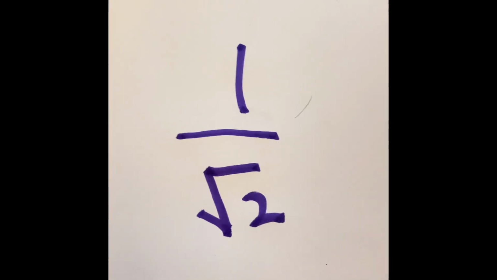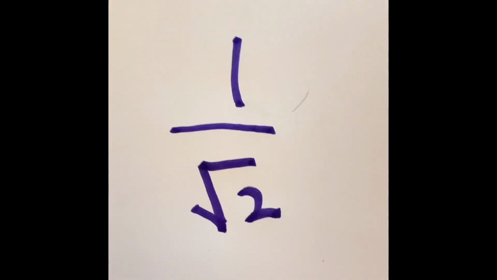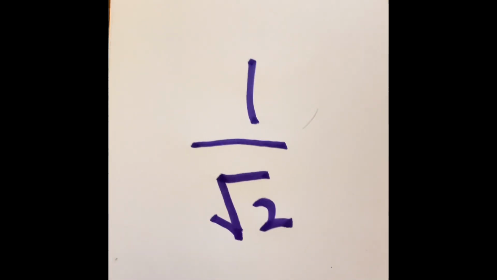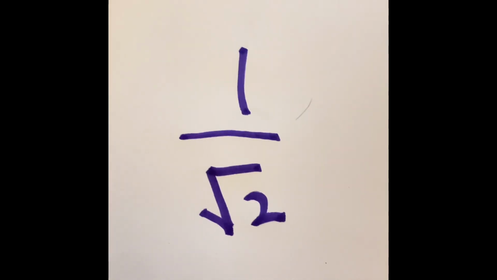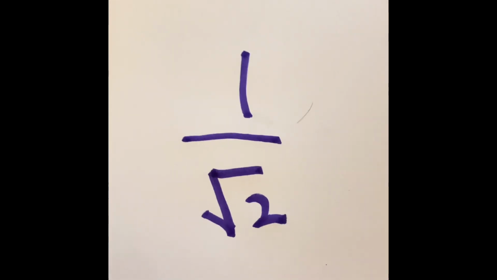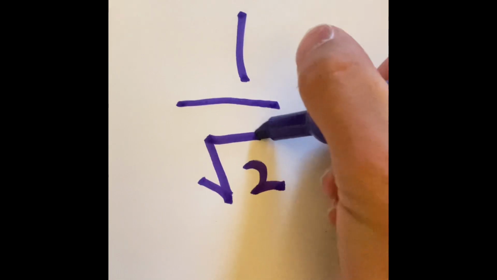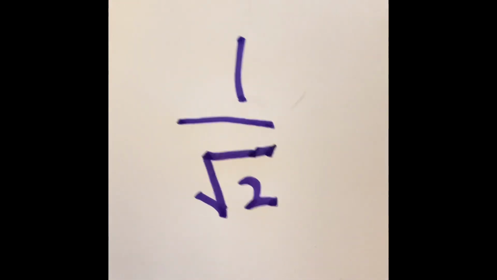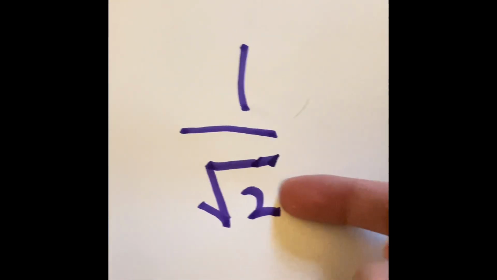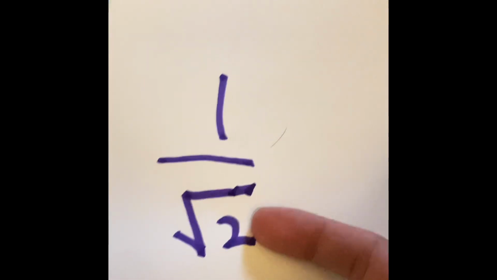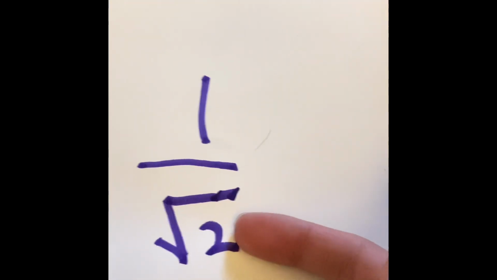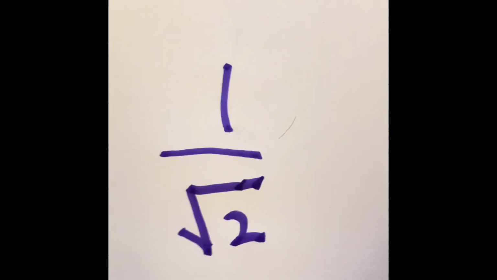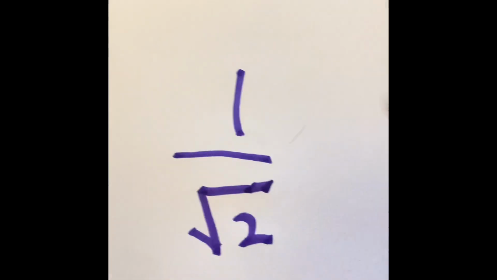Well, before calculators were invented, back in like the 1900s, the USA, Belgium, and some other countries wanted to make math a little bit easier, because it's very hard to divide by a radical with a calculator or in your head. So they wanted to rationalize it.